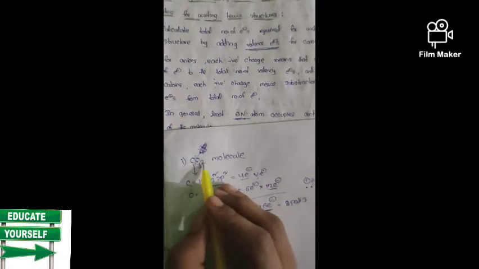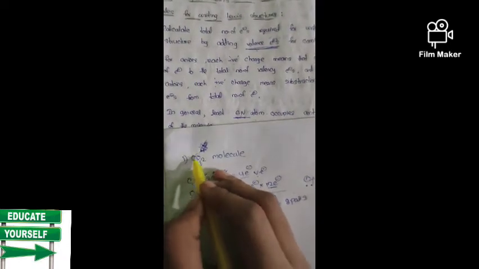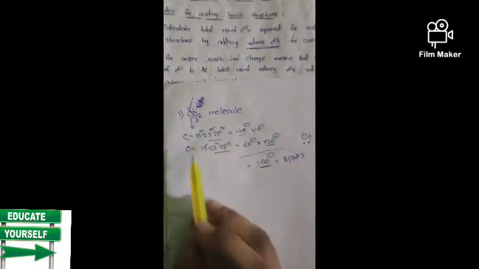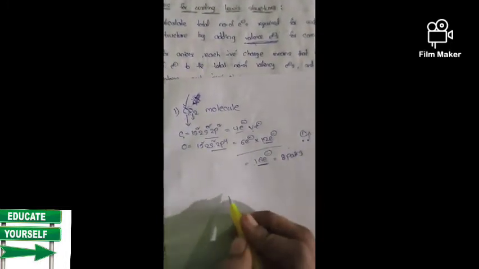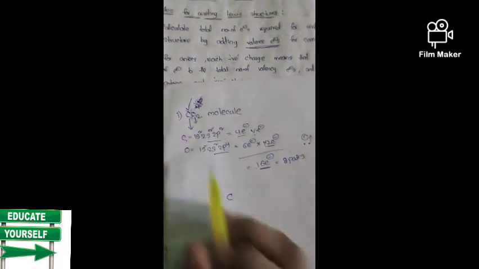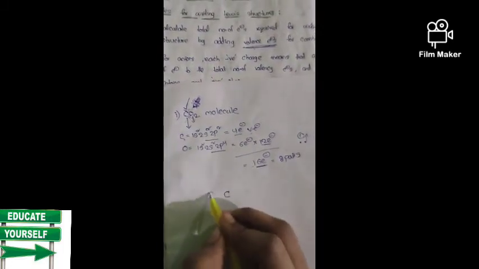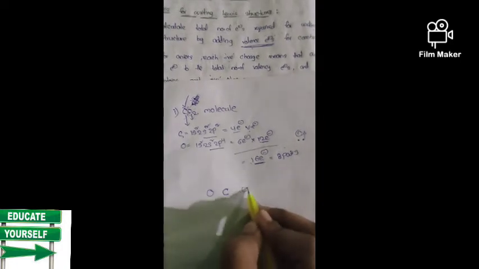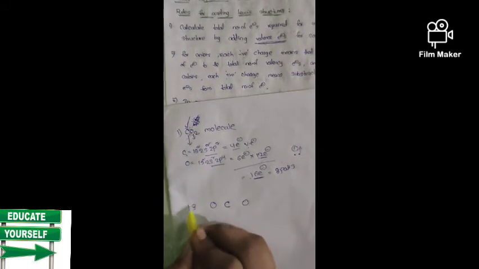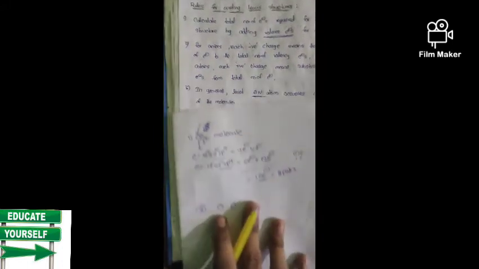Between carbon and oxygen, carbon is generally the least electronegative. So that least electronegative atom we have to write in the center position, and the other atoms on the other sides like this. And this is the third point.